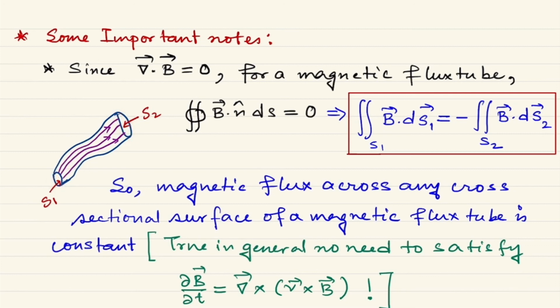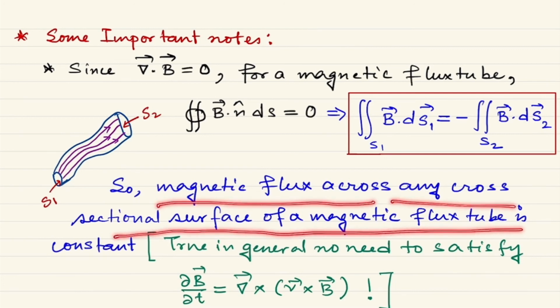So the magnetic flux entering through the cross-sectional surface of a magnetic flux tube is exactly equal to the flux coming out of the opposite cross-sectional surface of that same tube. So the magnetic flux across any cross-sectional surface of a magnetic flux tube is always constant. This is a very general statement.